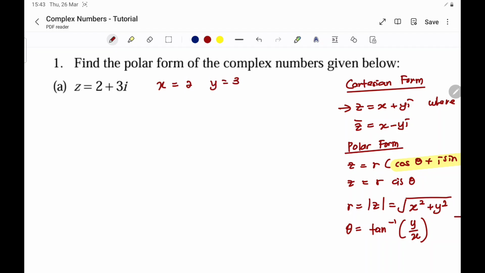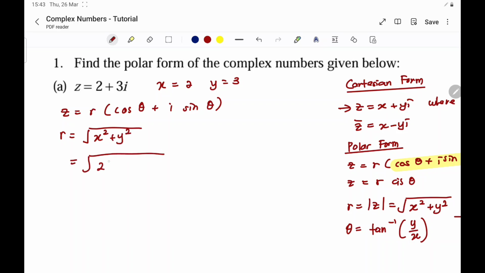When we want to write in polar form, we have to write z is equal to r cos theta plus i sin theta. Here, do we have r? We don't, so we have to find r, which is r is equal to square root of x square plus y square. Do we have x square? Yes, 2 square, plus y is equal to 3, so 3 square.